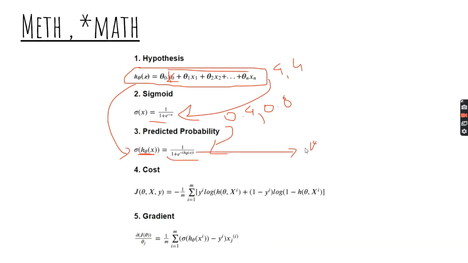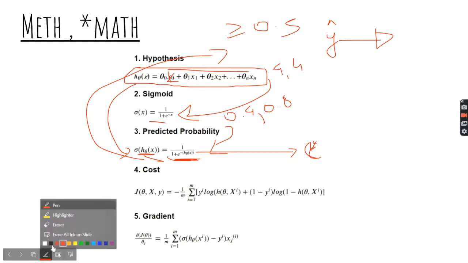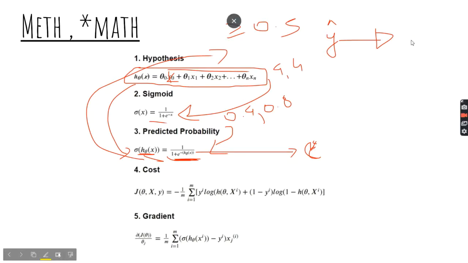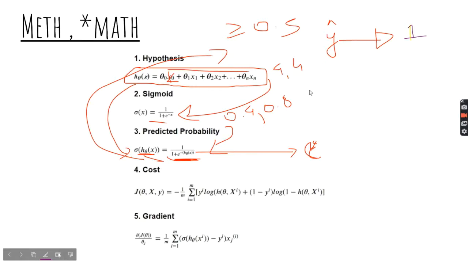I forgot to mention one important detail here, which is not really that great, but it should be obvious that based on this predicted probability, if you needed to give an answer like 0 or 1, a predicted label, then if the predicted probability is greater than or equal to 0.5, the output should be 1, otherwise it should be 0.